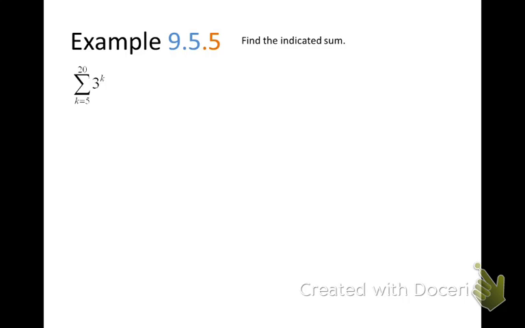Because I don't have k equals 1, right? But think about what this means. This means that I want to add all of the terms between the 5th term up through the 20th term, right? Which means that I just don't want to include the first 4, right? So I know I have to have k equals 1 to start. So I am going to just force that to happen and say k has to equal 1.